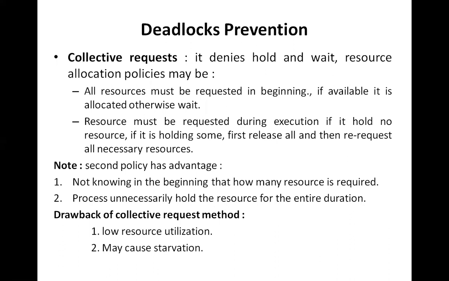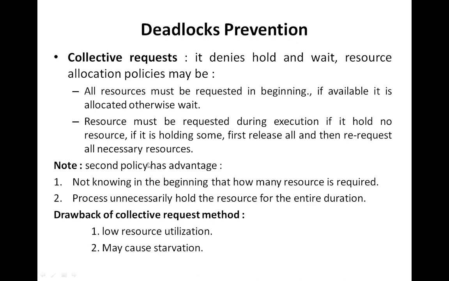If all the needed resources are available, then they are allocated to the process, so that the process can execute to complete its job. But if one or more of the requested resources are not available, none will be allotted to the process, and the process has to wait. So this is the first strategy.